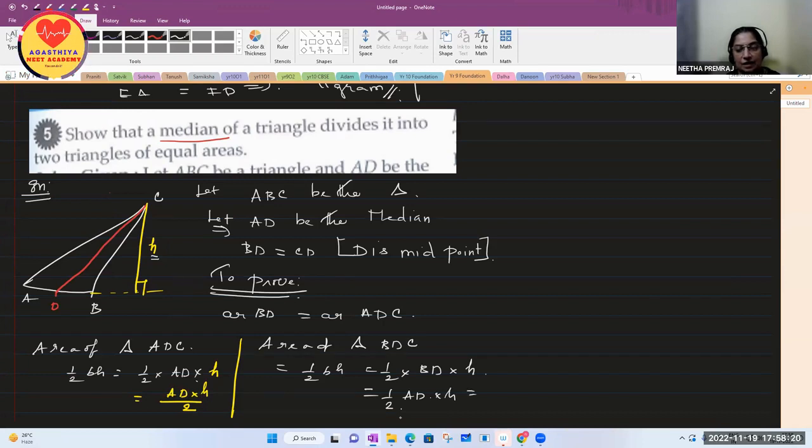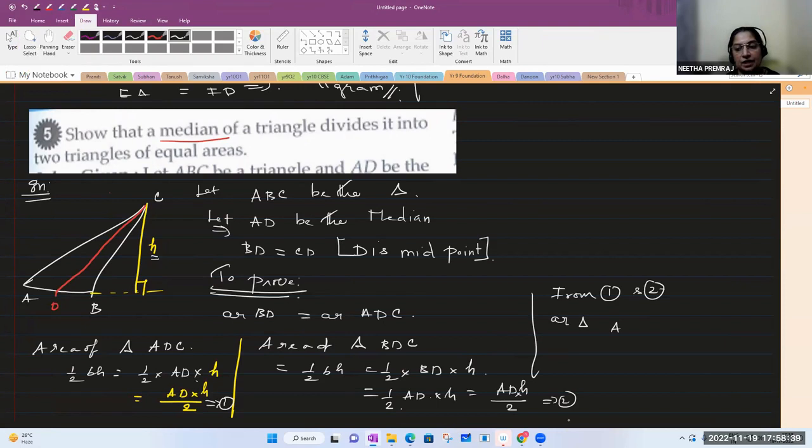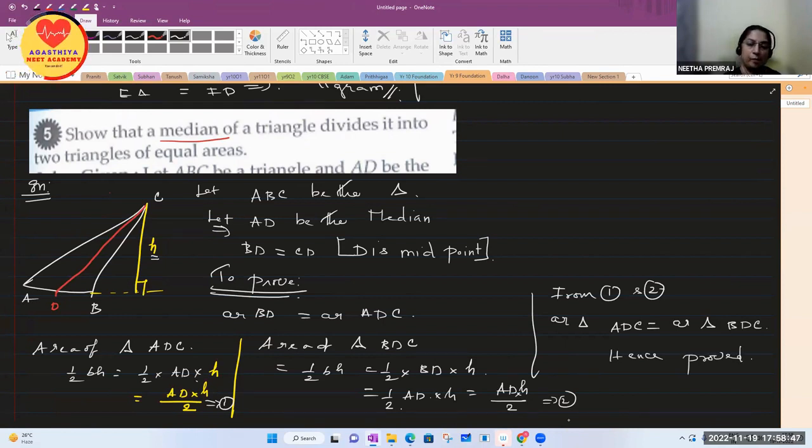So AD times h by 2. I name this as 1 and this as 2. From 1 and 2, area of triangle ADC is equal to area of triangle BDC. Hence proved. Guys, make a note of it.